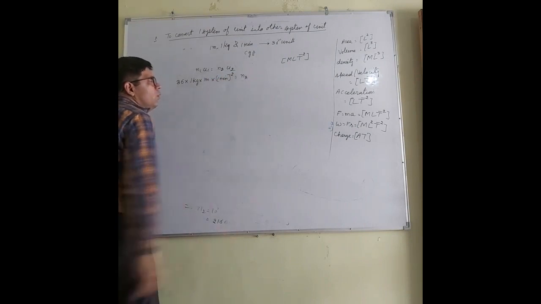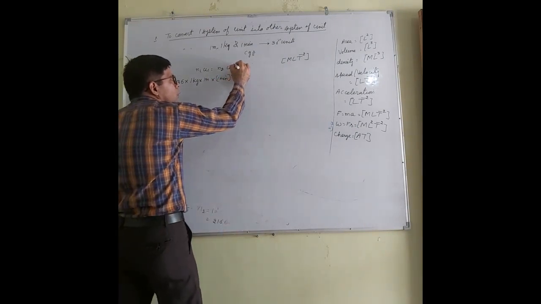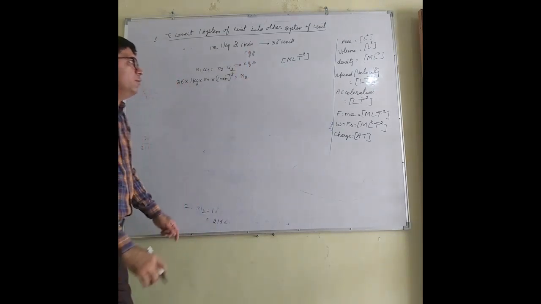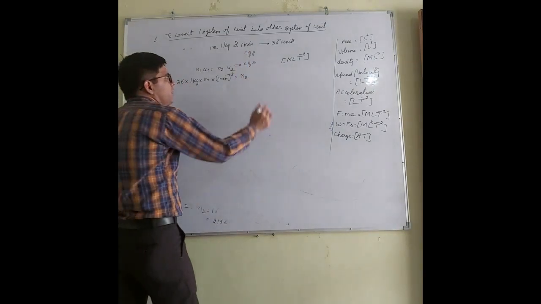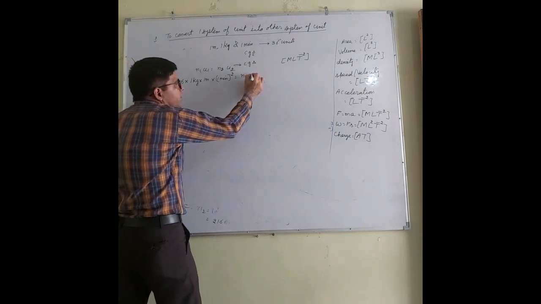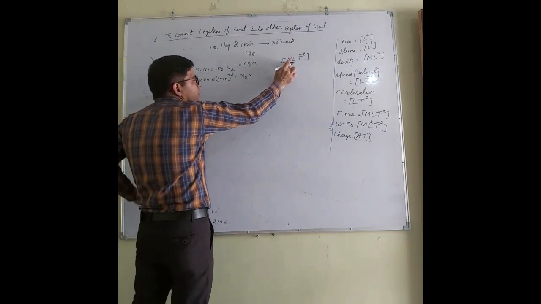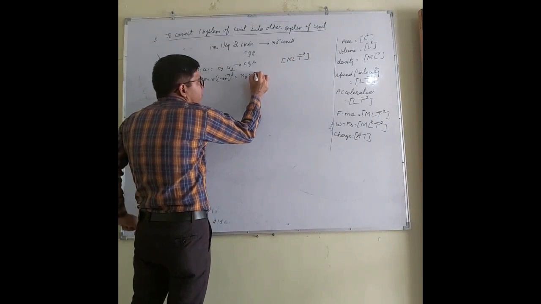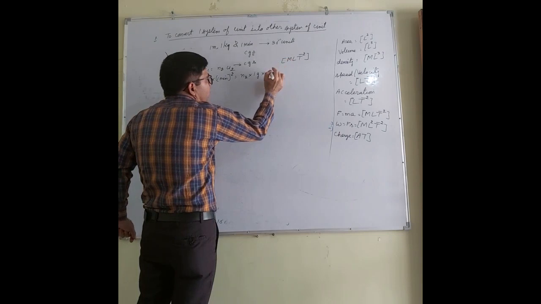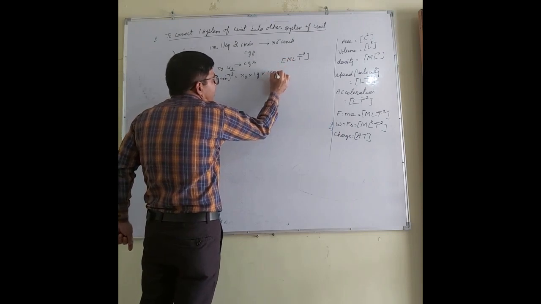N2, I have to calculate. And what is U2? U2 stands for the CGS system, and CGS, all of you know, is centimeter, gram, second. So in this system, gram is the unit of mass, so in place of M I will write 1 gram. In place of L, I will write 1 centimeter.